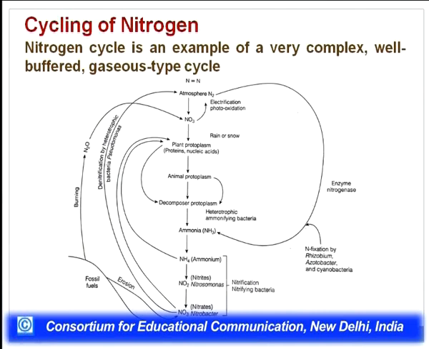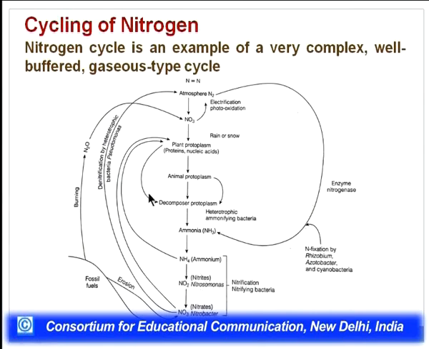So all this nitrogen is available in different forms such as ammonia, ammonium, nitrites and nitrates, and the nitrifying bacteria convert it. The denitrifying bacteria then return these nitrites and nitrates back to the atmosphere.